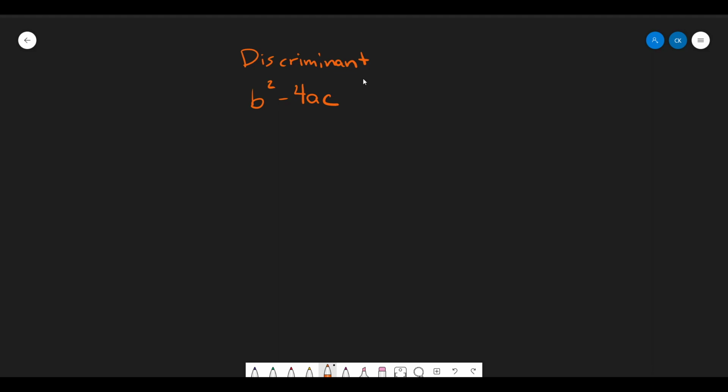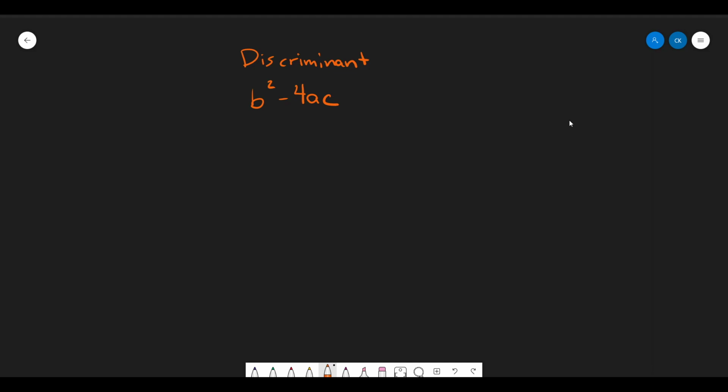Now, this should look familiar to you because if we remember our quadratic formula, this is just the number that's underneath the square root, right? When we go through the song, you have plus or minus the square root of b squared minus 4ac. So this is whatever's underneath the radical. That is called the discriminant.